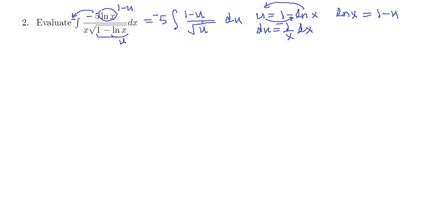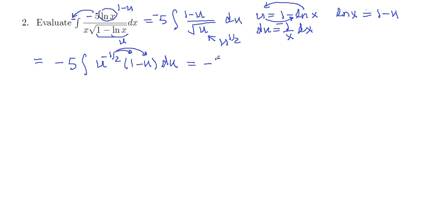And now we can write that square root of u as u to the 1/2 power on the bottom. And we could bring that up as a negative exponent. So now this will be negative 5 integral u to the negative 1/2 power times 1 minus u du. And now we can multiply that negative 1/2 power in, and we'll be able to use the power rule.